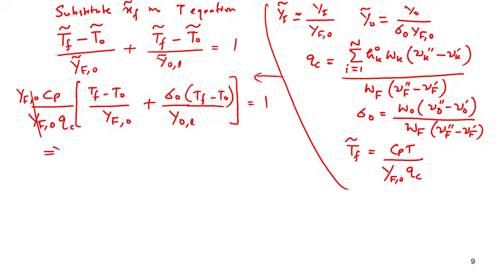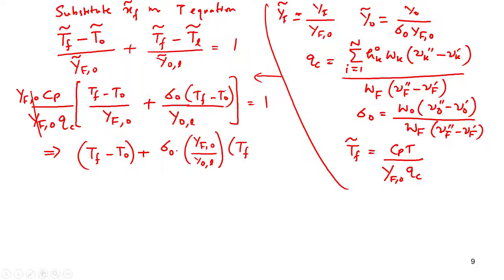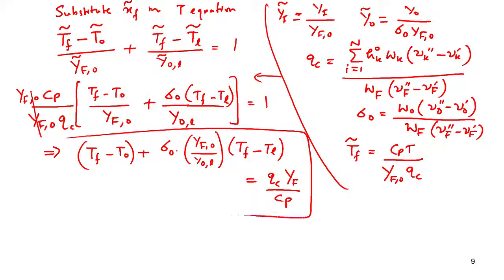We can now write this as, this implies, (Tf minus T0) plus sigma 0 times yf0 by y0L times (Tf minus TL) is equal to QC YF by Cp. Okay, this is what you get.